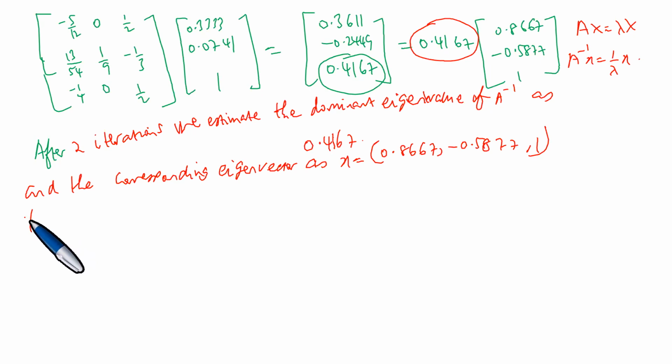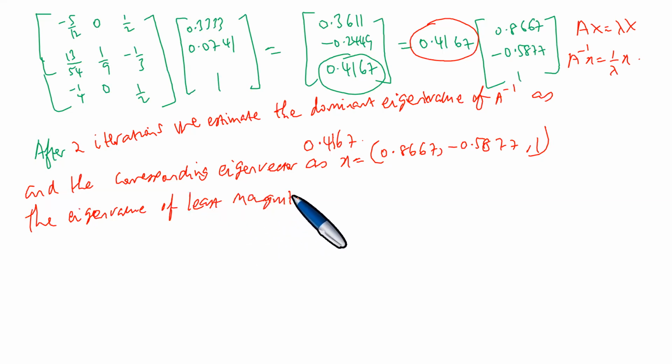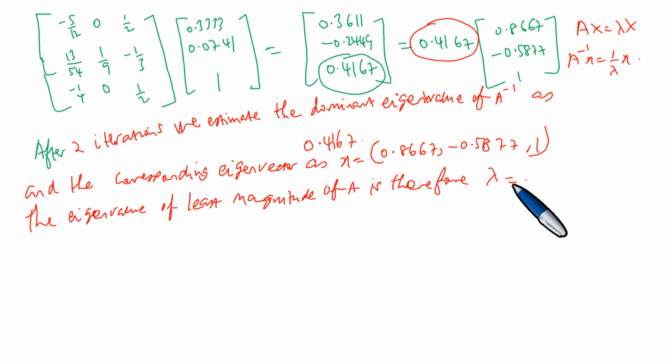The eigenvalue of least magnitude of A is therefore lambda of least magnitude, we divide by 0.4167.